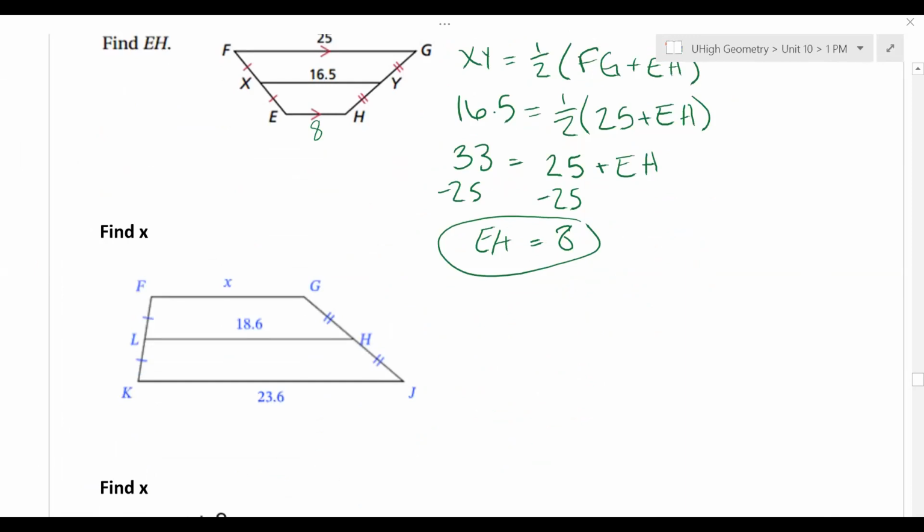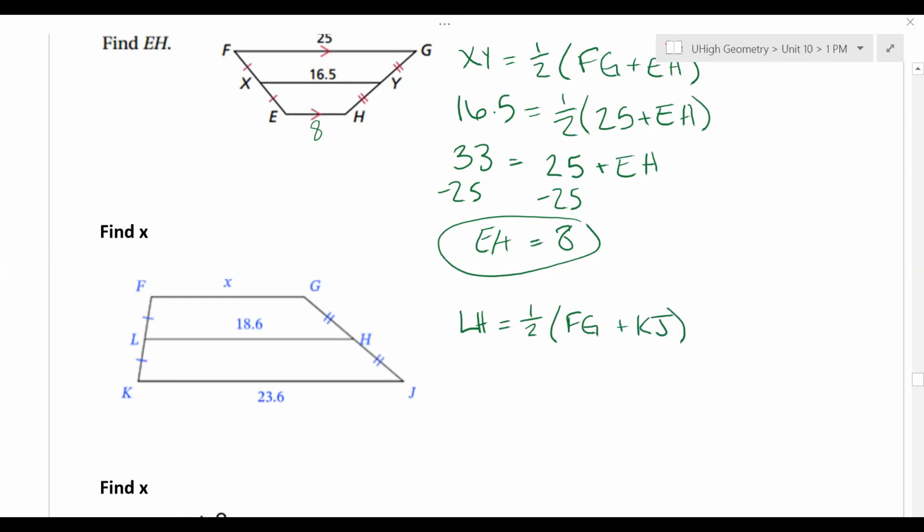So now I have FGJK, and I'm looking for X, which is the length of FG. So I know that my mid-segment LH is equal to half of the length of FG plus KJ.